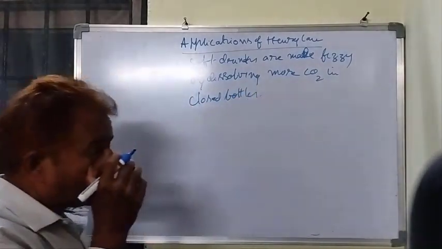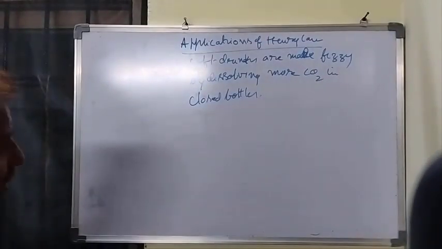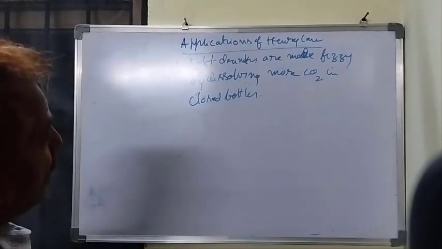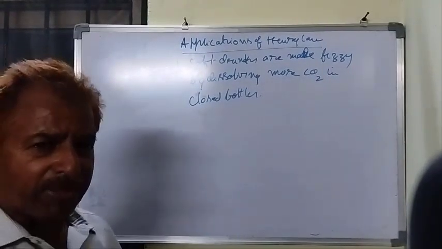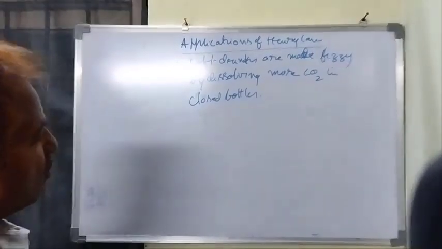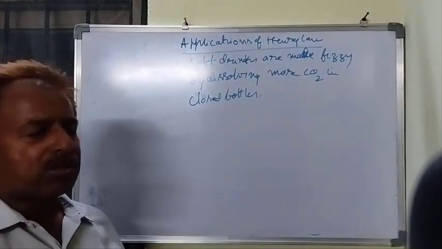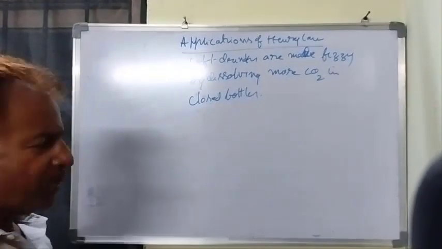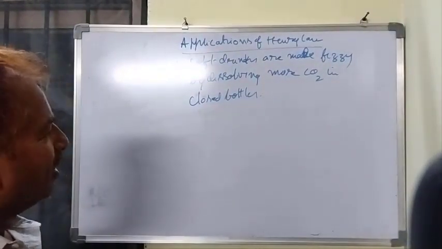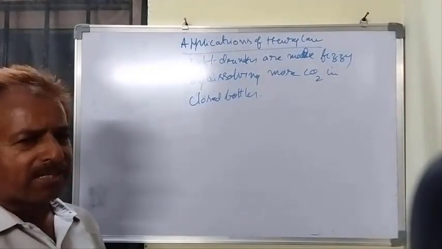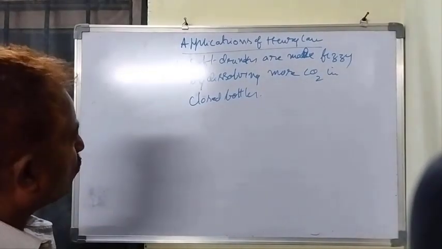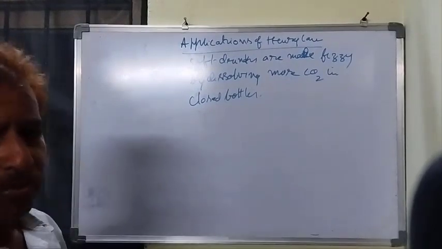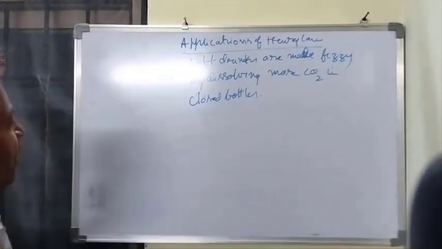This is your common experience: when you open a soda bottle or any soft drink, immediately you will find some bubbles. What are those bubbles? Under the cap, more carbon dioxide is dissolved. When the cap is opened, as the pressure is released at once, all that dissolved carbon dioxide comes out. So soft drinks or cool drinks are made by dissolving more carbon dioxide under the cap.